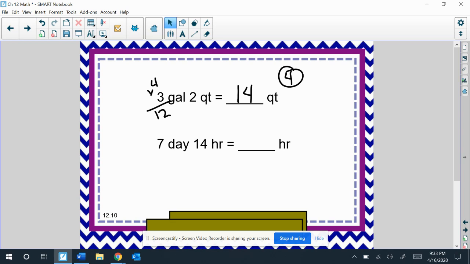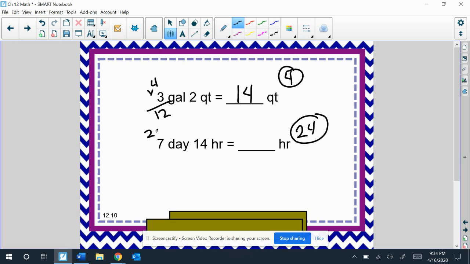All right, let's see how you did. I have days and hours. Well, in one day, I know there are 24 hours. So I'm going to multiply 7 by 24. 4 times 7, well, 4 times 2 is 8. 14 plus 14 is 28. 14 hours is already in hours.